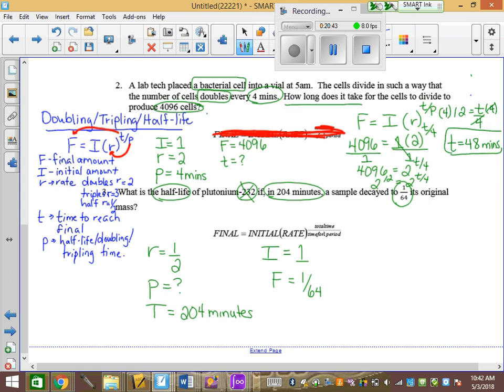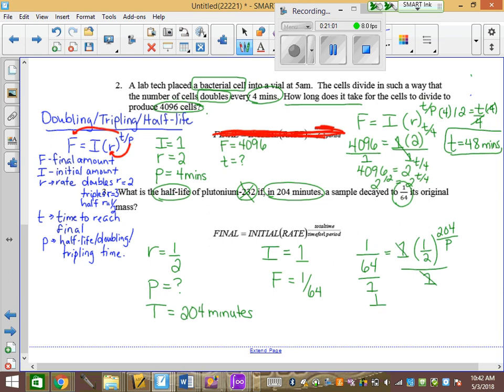So we have final, which is 1/64, equals initial, which is 1, times my rate, which is a half, to the 204 over P. Divide my 1 over. They're not always going to be 1.